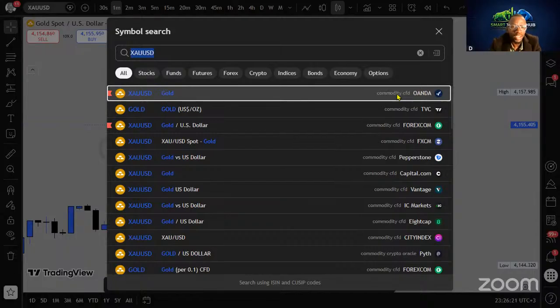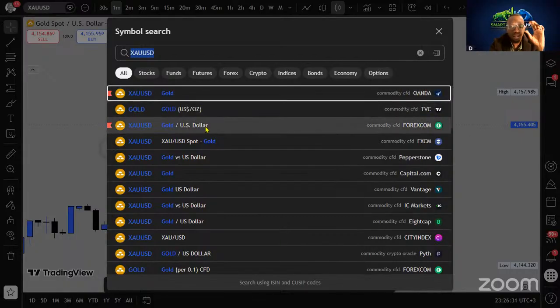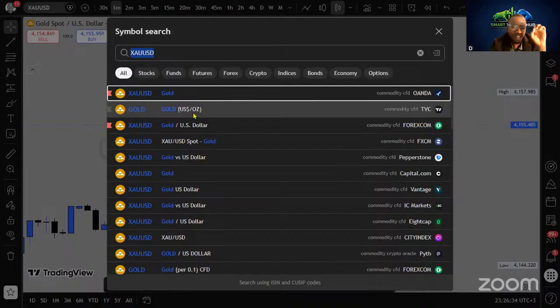They take their data from Oanda because the slippage is very tight. If you're watching the Oanda chart, you're watching the current market price of any commodity. You can decide to look at Tesla, or any kind of stock.